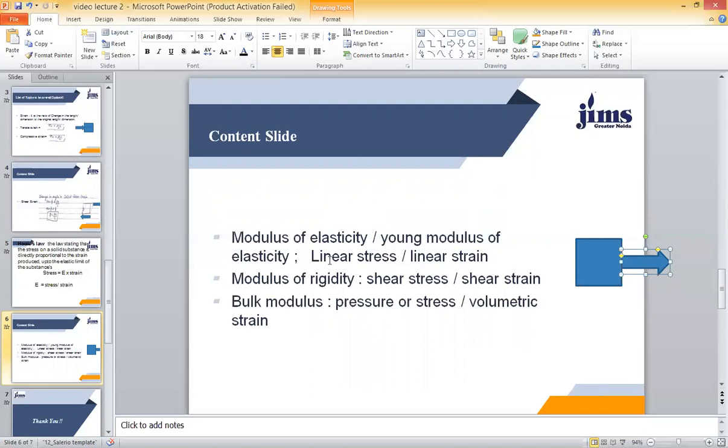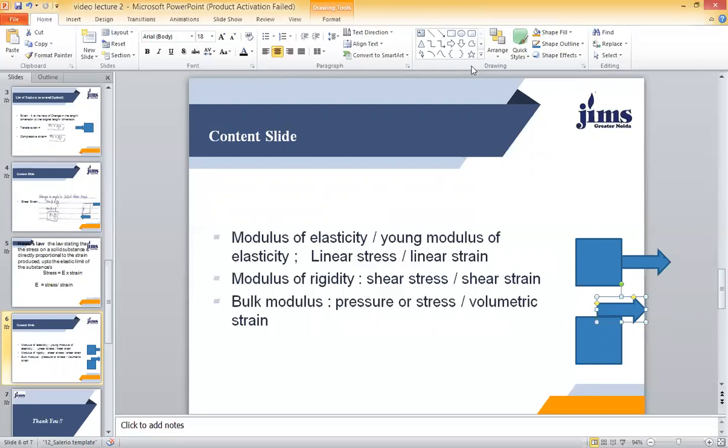But if we applied the external force tangential to the surface, then there is a shear stress developed as well as shear strain developed. There is a change in angle. So if I applied any shear force on the body, then the ratio of that shear stress to the shear strain is called the modulus of rigidity.